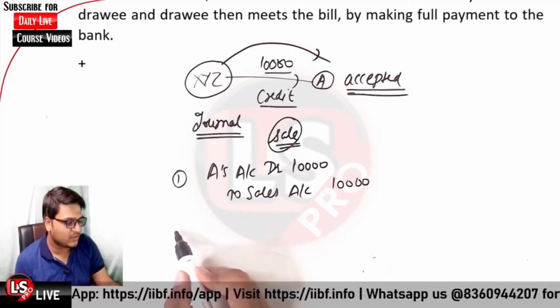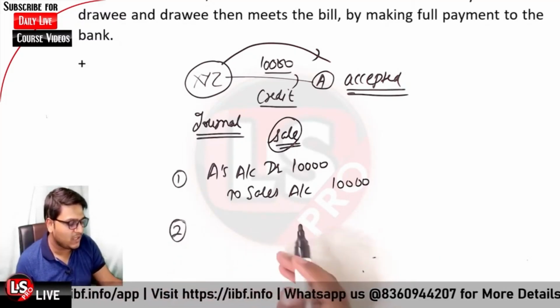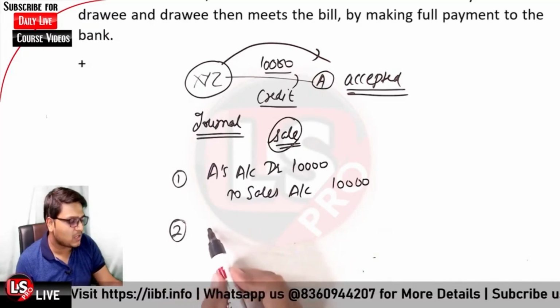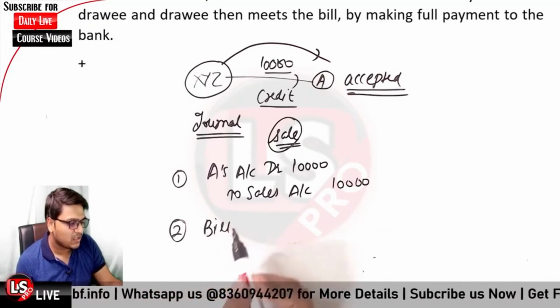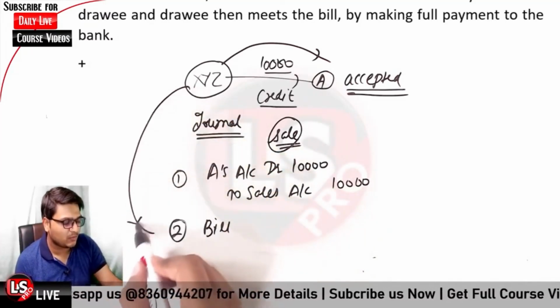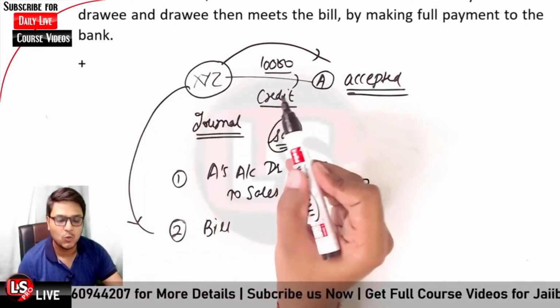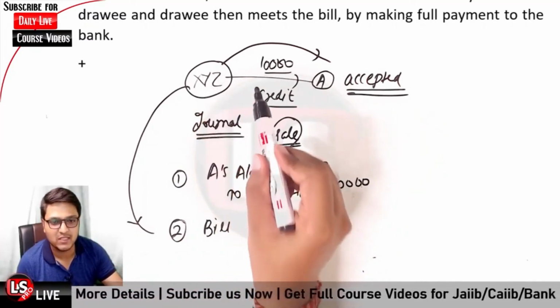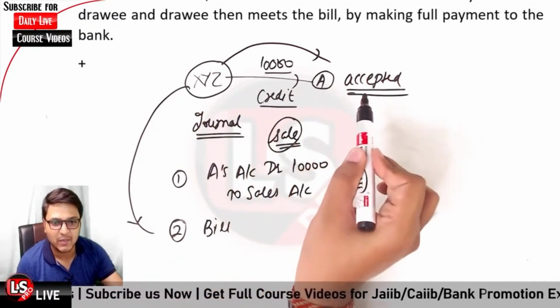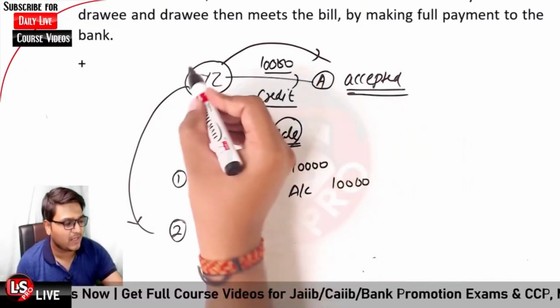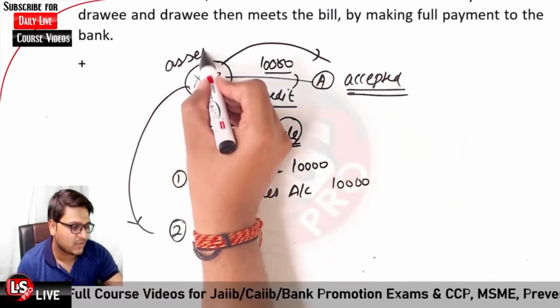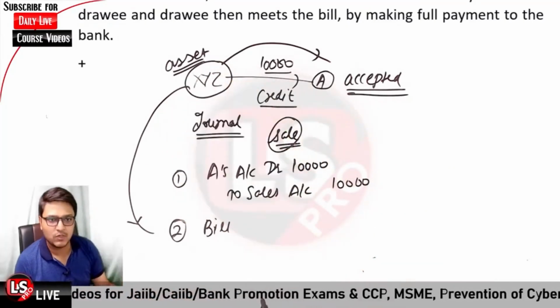For XYZ's books, once the bill has been drawn and accepted by the drawee, it becomes an asset for XYZ.